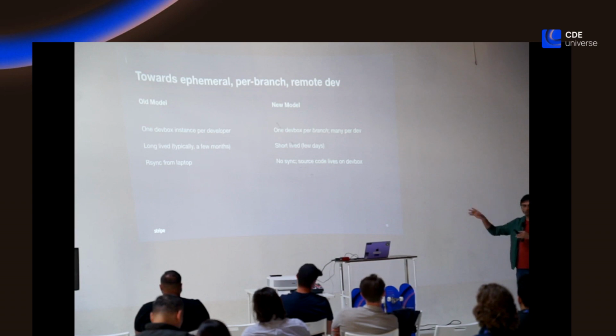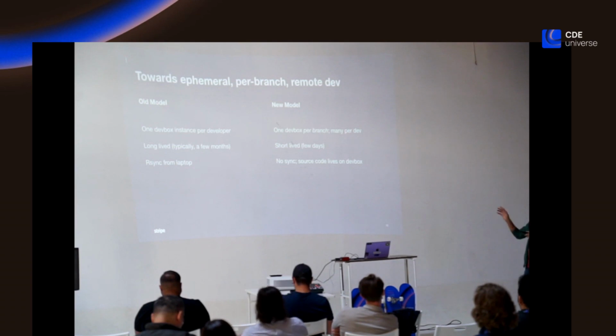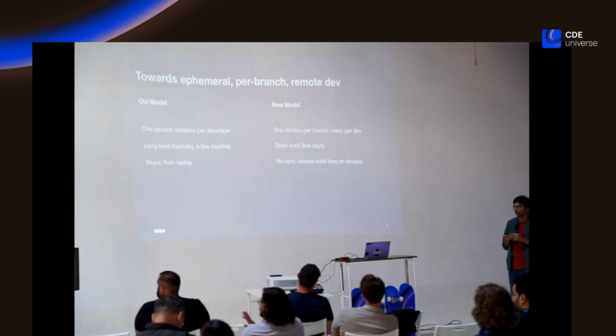We do the typical trunk-based development. You create a feature branch, your branch dies in a week or two, and we want you to just throw that box away after you're done. And basically never worry about branch switching again. So it's short-lived, a few days to a week or so. There's no sync ever. This authoritative copy of the source code lives on this instance. And now you have to figure out how you're going to edit it.